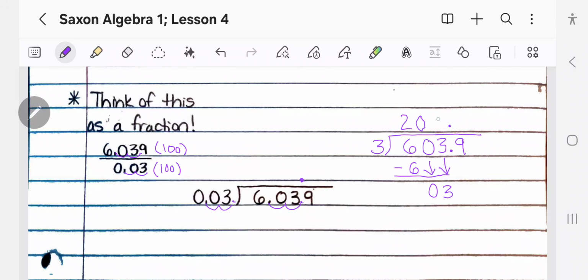Bring down the 3. 3 will go into 3 1 time. Bring down the 9. 3 will go into 9 3 times. And so I get my answer, 201 3/10 is my answer there. So that is our review of the operations of arithmetic that we can also use in algebra.